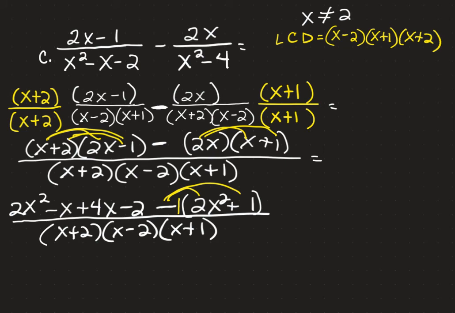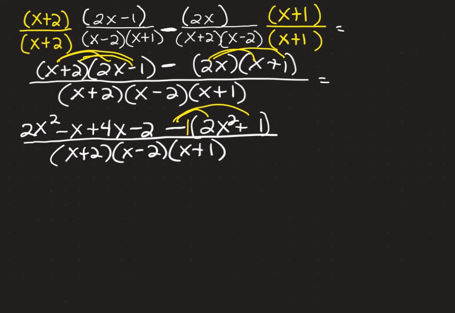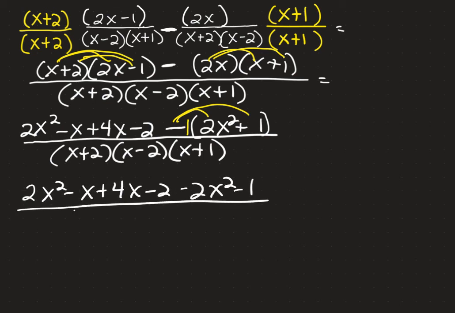All right, I need some more room again. Okay, this is going to be 2x squared minus x plus 4x minus 2 minus 2x squared minus 1, all over the denominator. And then I'm just going to quickly cut to all of the like terms in the numerator being added.